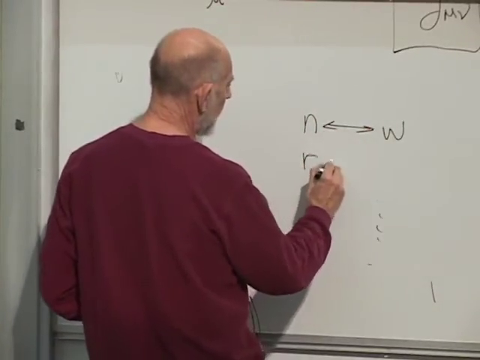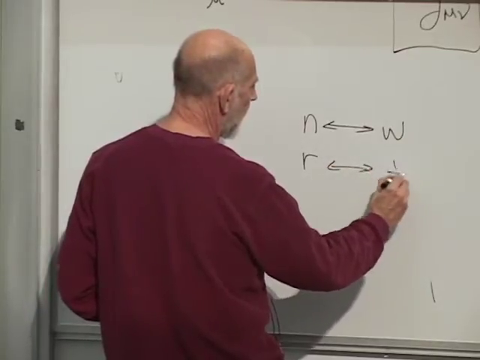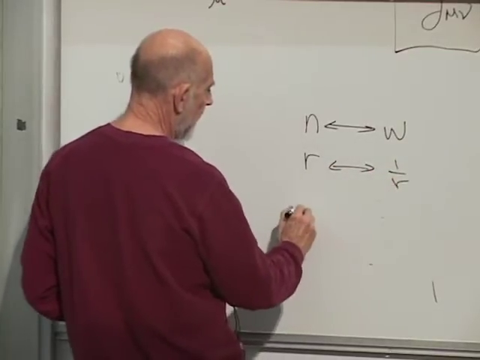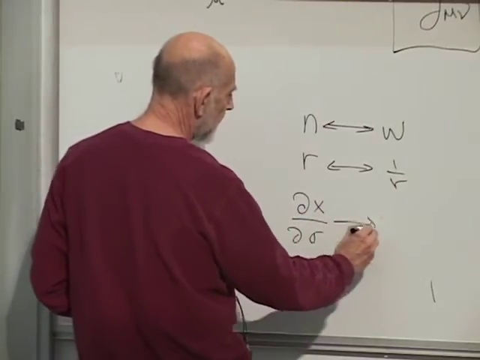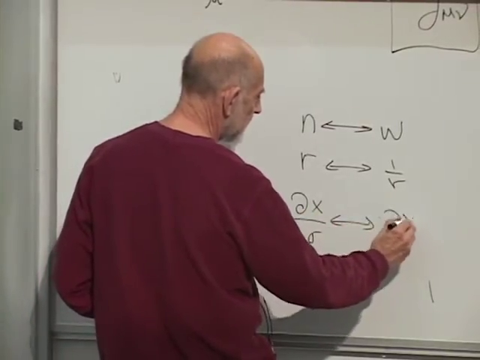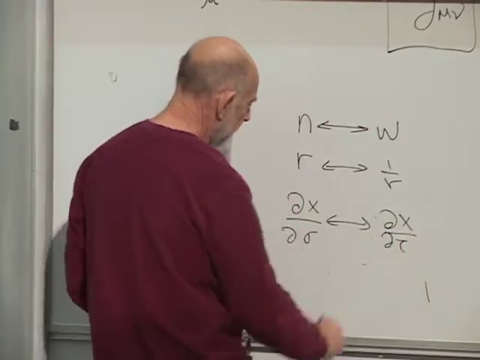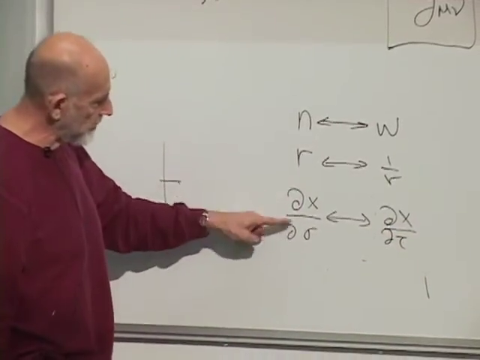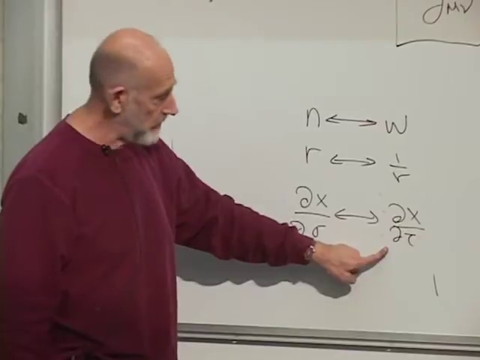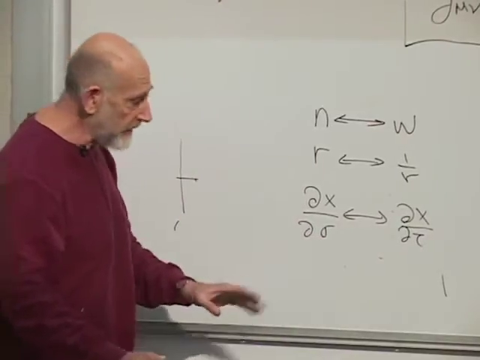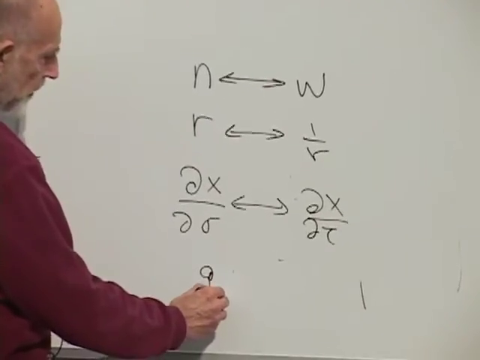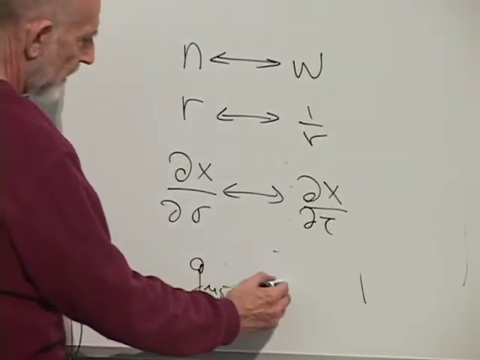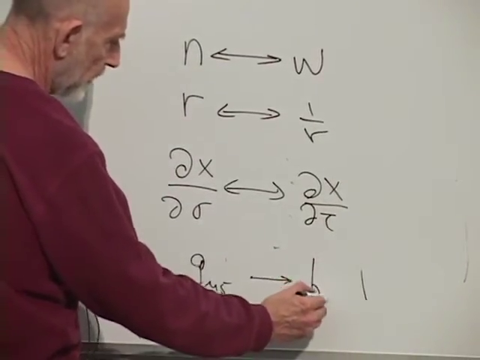It involves R being interchanged with 1 over R. It involves replacing dX by d sigma with dX by d tau. The integral of this is winding number, the integral of this is momentum. And finally, it involves interchanging g mu 5 with b mu 5.